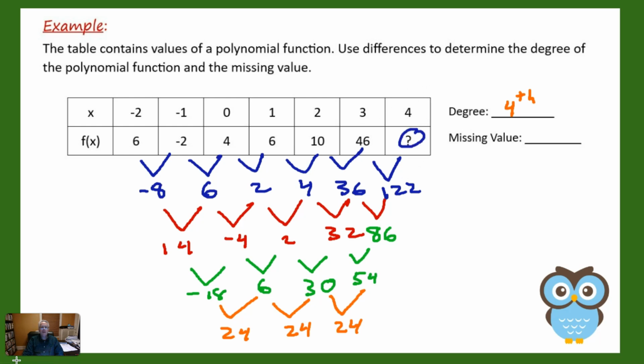This term right here must be 46 plus 122, which happens to be 168. Wow, we did it. We worked hard. We were able to uncover the patterns of this polynomial function and continue it one term. The missing value is 168.